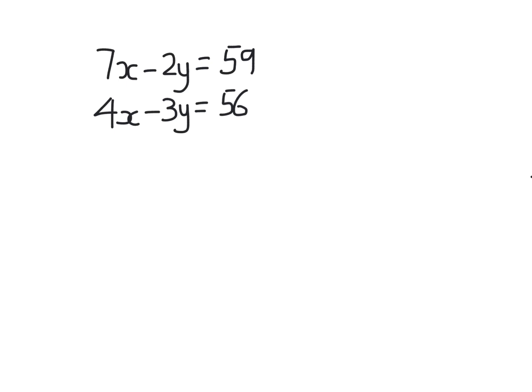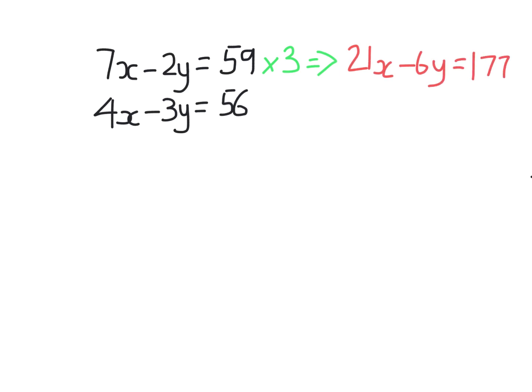I want to multiply them in such a way that either x or y will end up having the same number in front. Sounds a bit complicated, but if I multiply this top equation by 3, that means I have to multiply everything by 3: 7x by 3, negative 2y by 3, and 59 by 3.